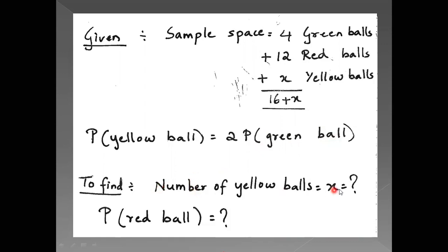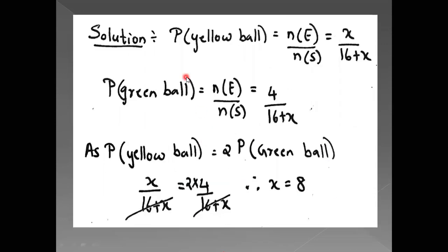Now we have to find the number of yellow balls and the probability of red balls. As we have been given the relation, we will find the probability of yellow ball first. That is number of events upon sample space, and the number of events will be the number of yellow balls drawn. As there are x balls, there are x possibilities of drawing a yellow ball when you pick up a ball.